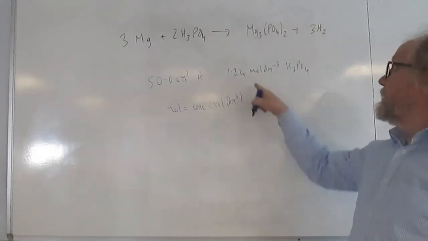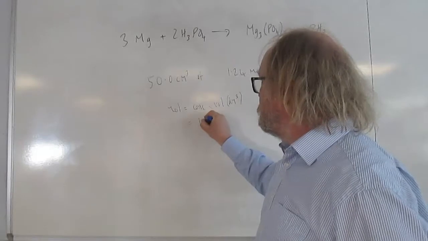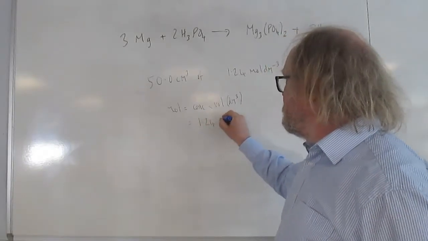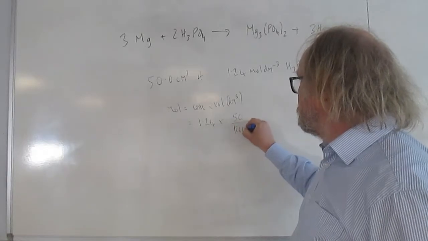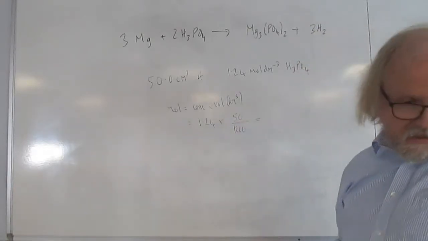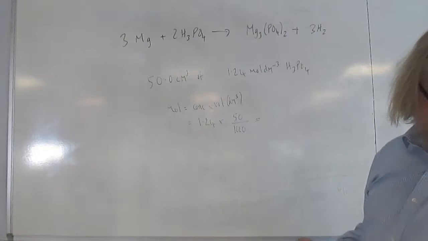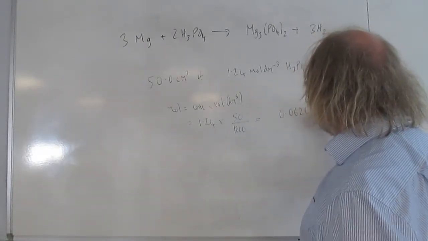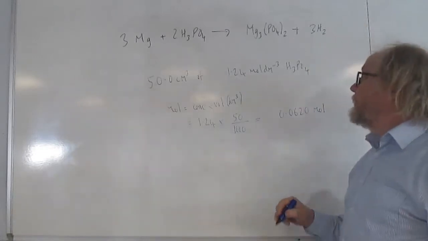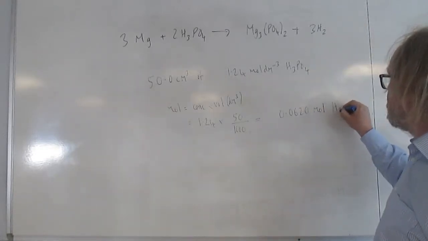So we put the numbers in. Concentration is 1.24, volume is 50 cm cubed, so that's 50 over 1,000 in dm cubed, and that comes to 0.0620 moles of H3PO4.